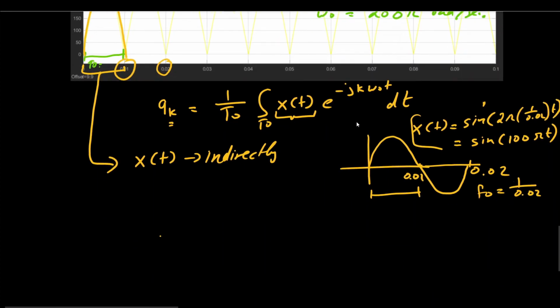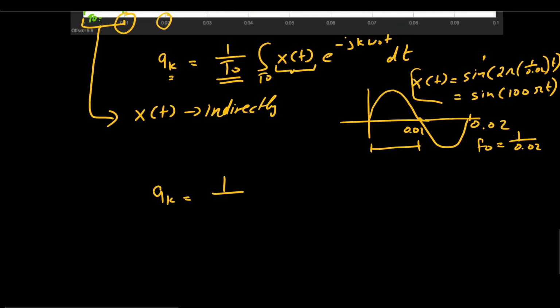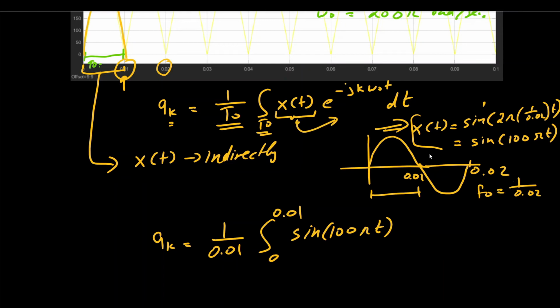That is, we can have the coefficients a_k as 1 over T0, and the T0 for this is 0.01. So this is 0.01, and again this is starting at 0, terminating at 0.01. For x of t, we're going to consider this function which is sine 100 pi t, and the projection of x of t on this base, which is simply e to the minus j k omega naught t.